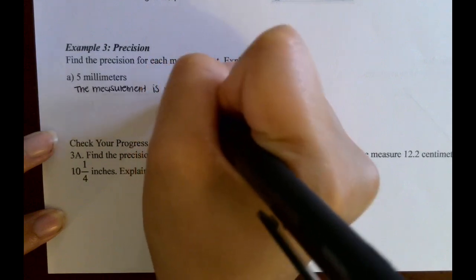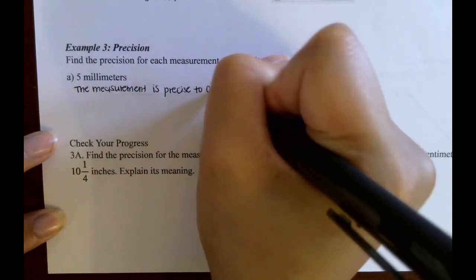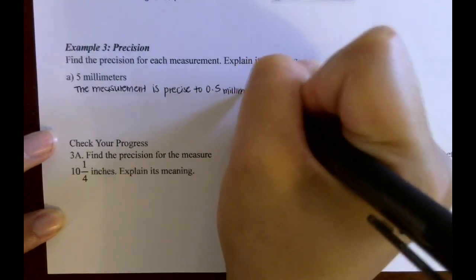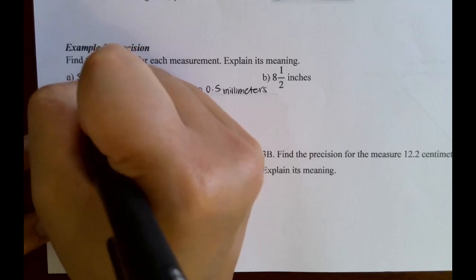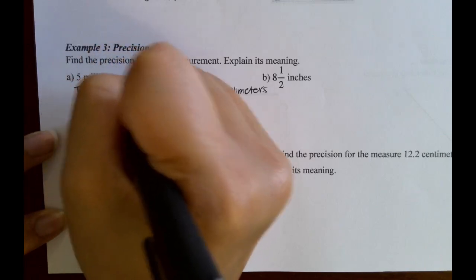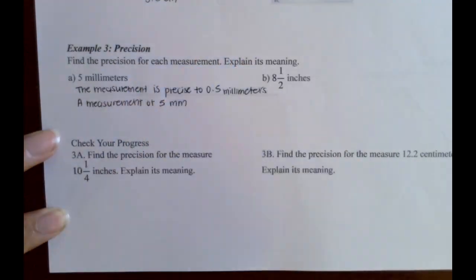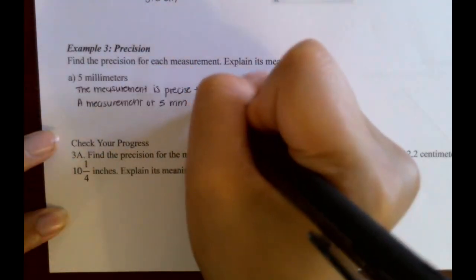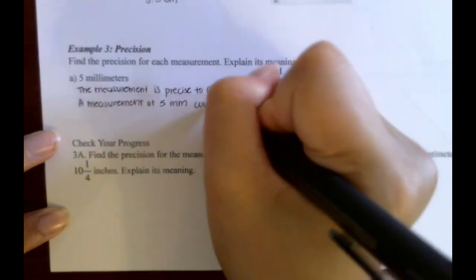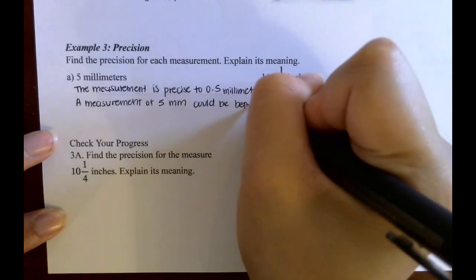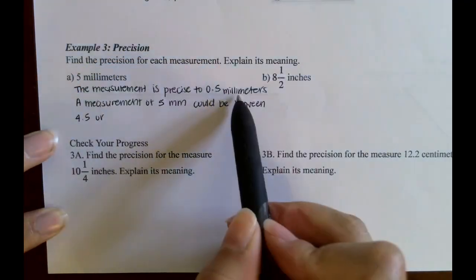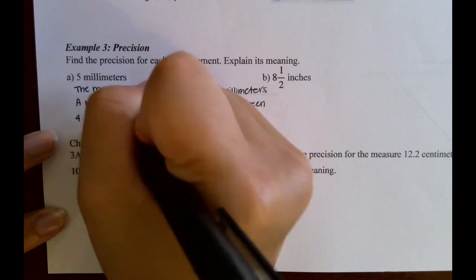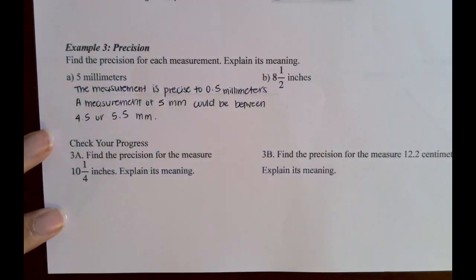That means that a measurement of 5 millimeters can be between either half a millimeter below that, which is 4.5, or half a millimeter above that, which is 5.5.